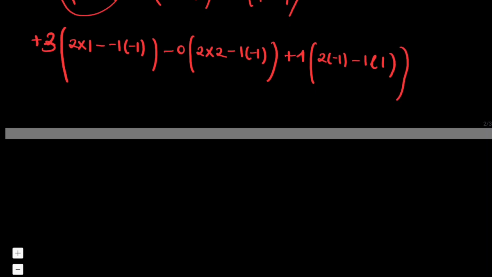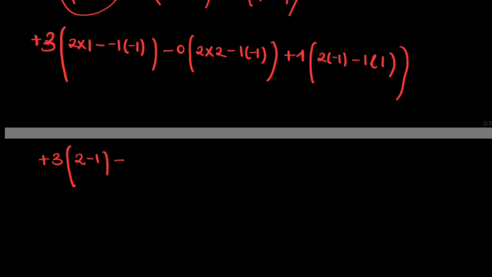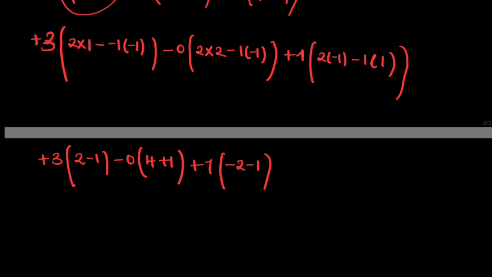Now let's simplify. Plus 3 into 2 minus 1 times minus 1 is 1, so it's 2 minus 1. Minus 0, this is 4 plus 1, and then plus 1, minus 2 minus 1.